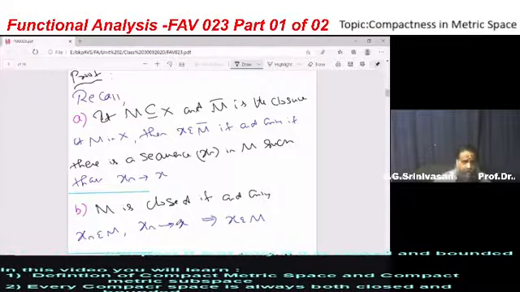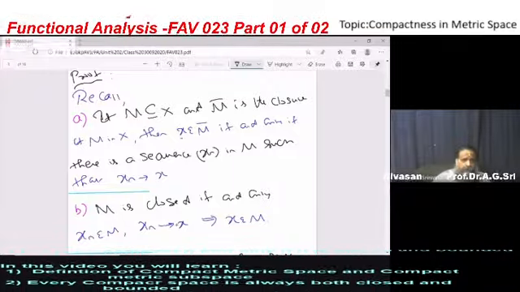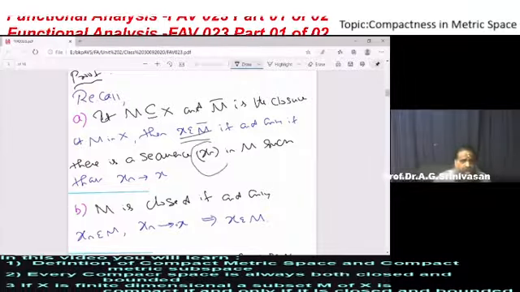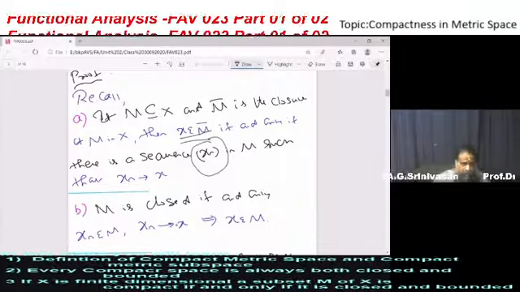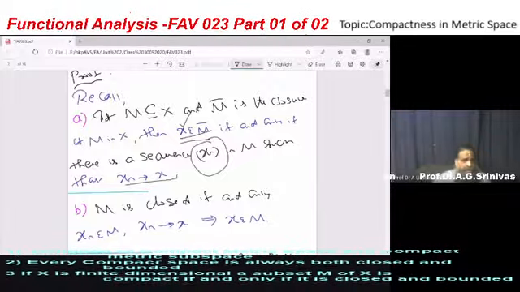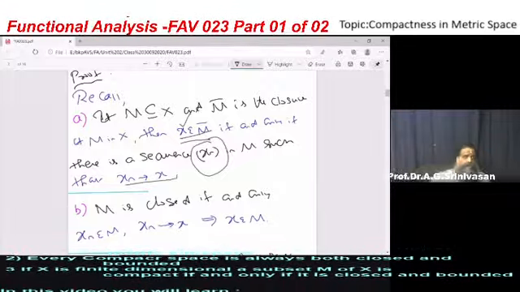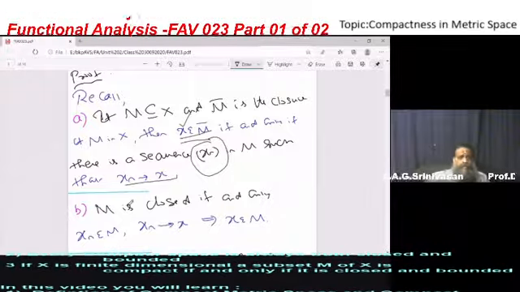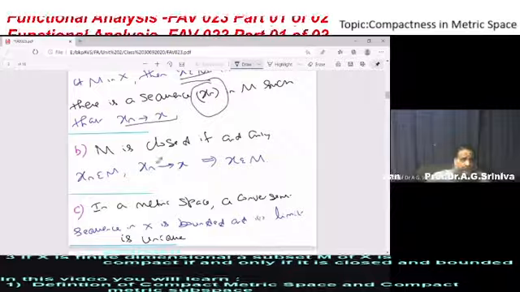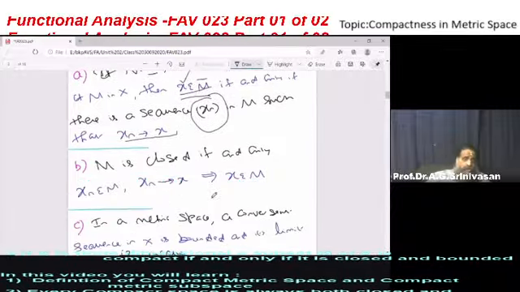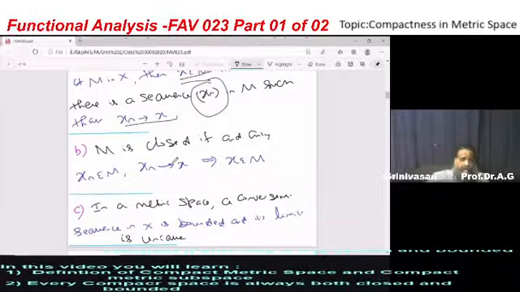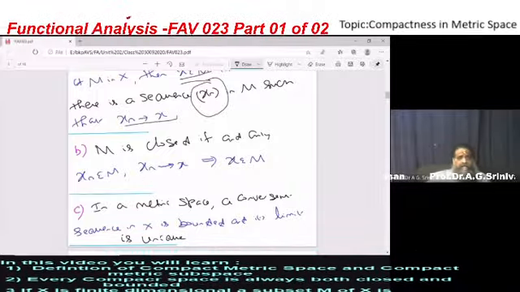Check it. So what we proved is x belongs to M bar if and only if you can always find a sequence xn in M such that xn converges to that point x. That's one result we have proved. We also proved in the same result 1.47b that M is closed if and only if this x also belongs to M. So xn converges to x, and that x also belongs to M.